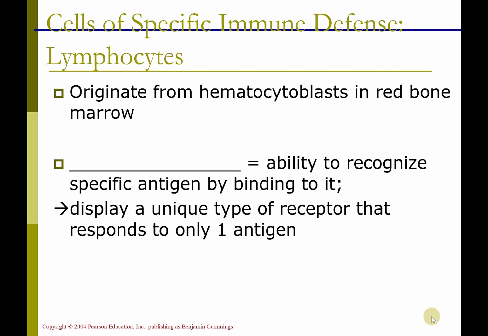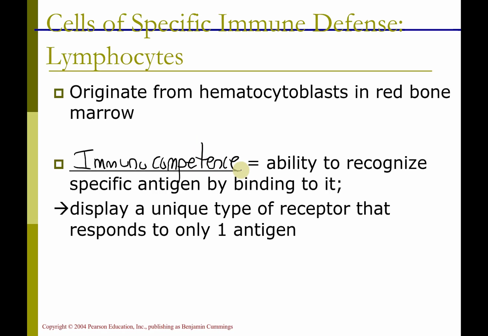Lymphocytes have to be able to recognize a specific antigen by binding to it. And if they do that, they call this immunocompetence. So again, the ability to recognize a specific antigen by binding to it is called immunocompetence.